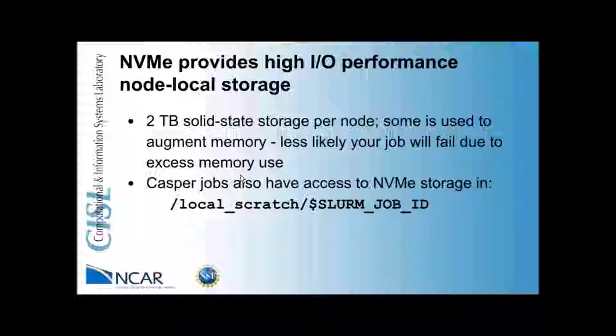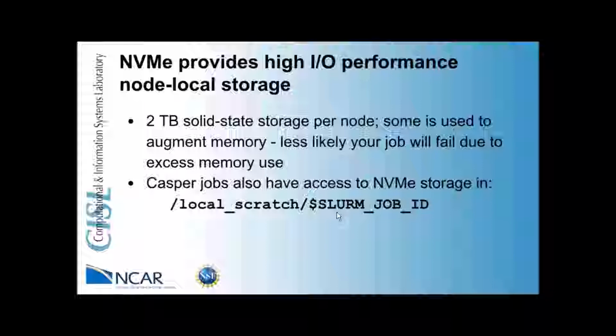There's also a segment of the solid-state storage that's given to jobs. Each Casper job has access to NVMe storage in a directory that you would see in your root path: /local_scratch/ and then your Slurm job ID. So you could just use that environment variable in your job.